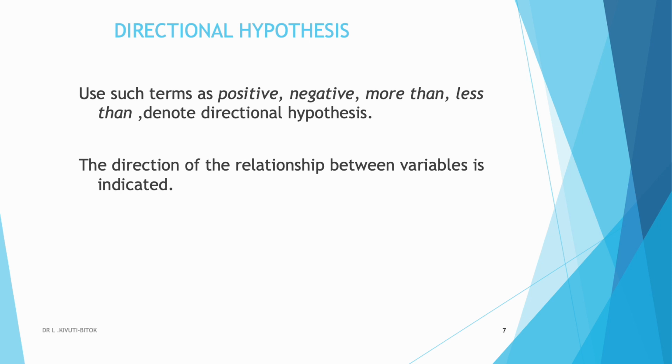The other possible way of stating a hypothesis is directional. We use such terms as positive, negative, more than, less than, more likely, and usually that denotes a directional hypothesis. The direction of the relationship between the variables is often indicated.